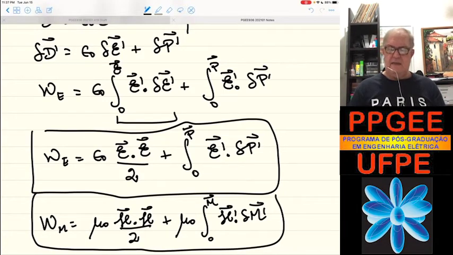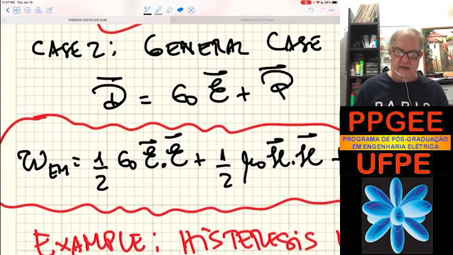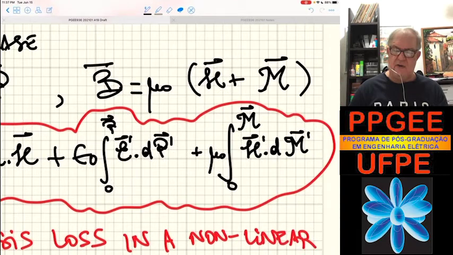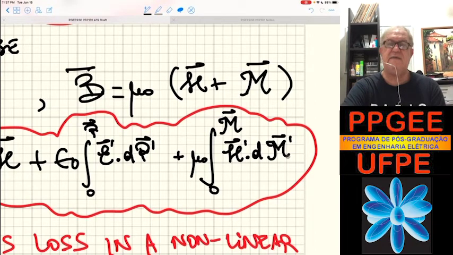And then the electromagnetic energy density is going to have this formula here, right? One half epsilon 0 E dot E plus one half mu 0 H dot H plus the integrals in state space of E delta P and H delta M, right? That's the general result.